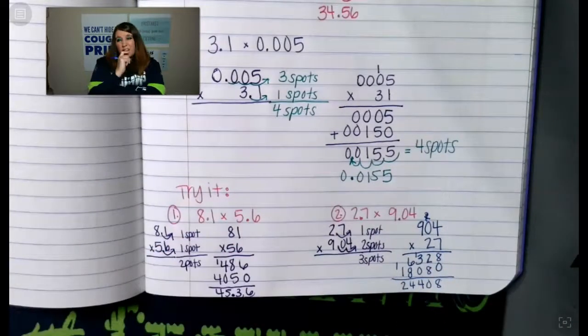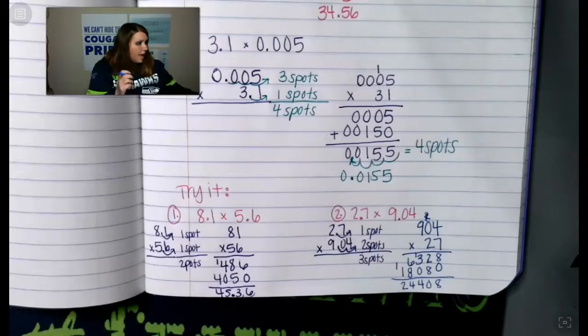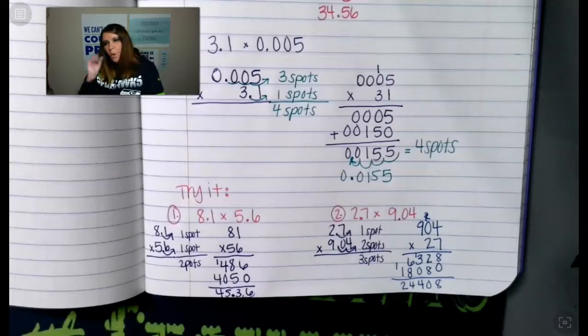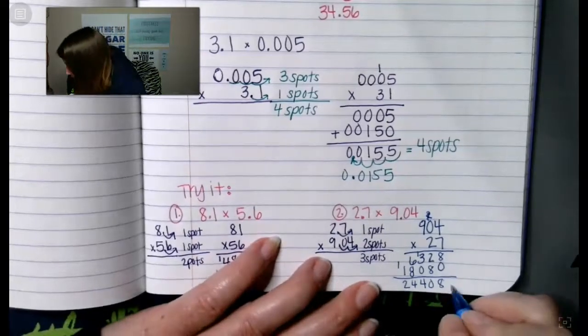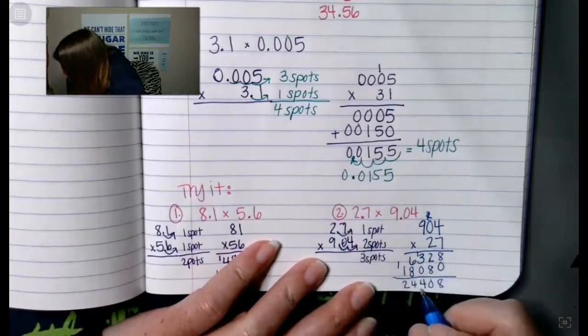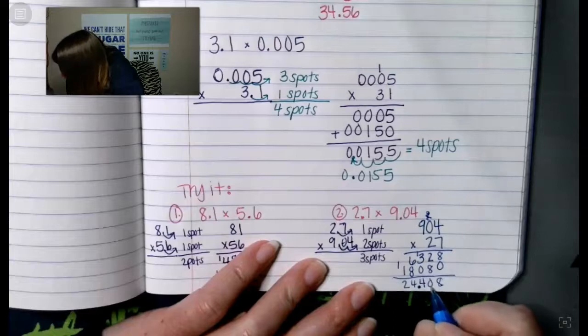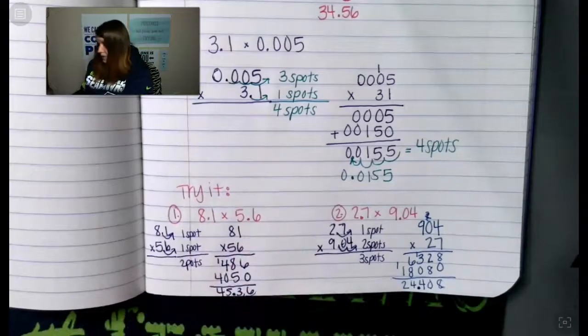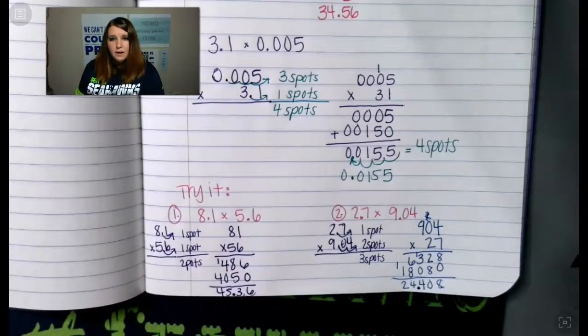Okay, so I've got 24,408. Nope, that's not right. Oh, I forgot to put my decimal in. And I have 3 spots because I had 3 spots over here. 1, 2, and 3. So I'm going to put my decimal here because 1, 2, 3. I like to move it, move it, move it. 3 spots. And there we go.